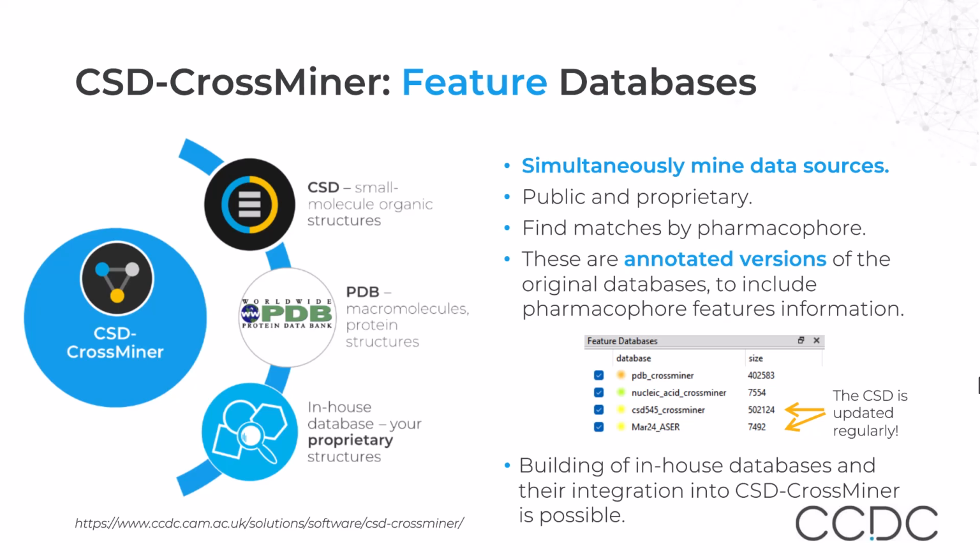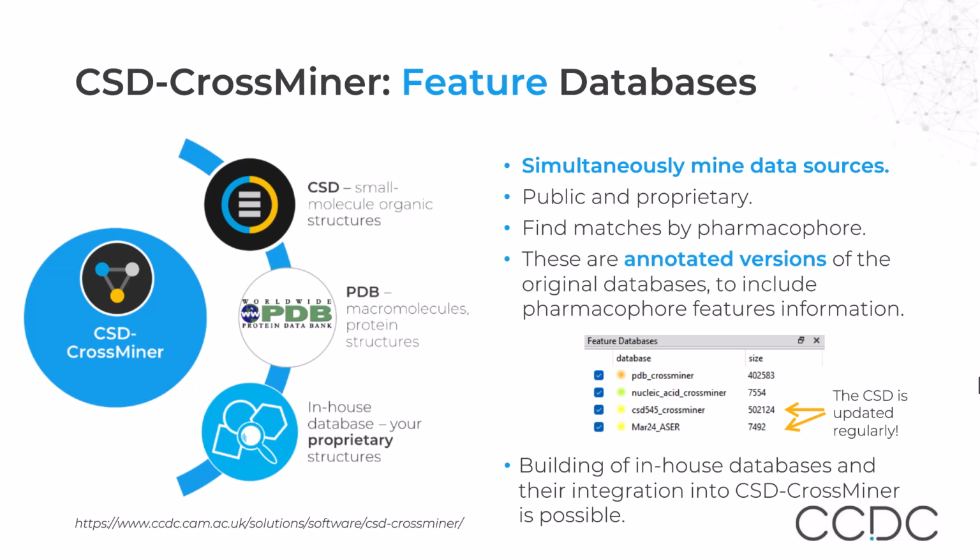The nucleic acid CrossMiner database is also coming from PDB, but the filters are a bit different. These structures contain nucleic acid in them, and also we have a bit looser resolution filter. For the nucleic acid CrossMiner database, it's 3.5 angstroms.